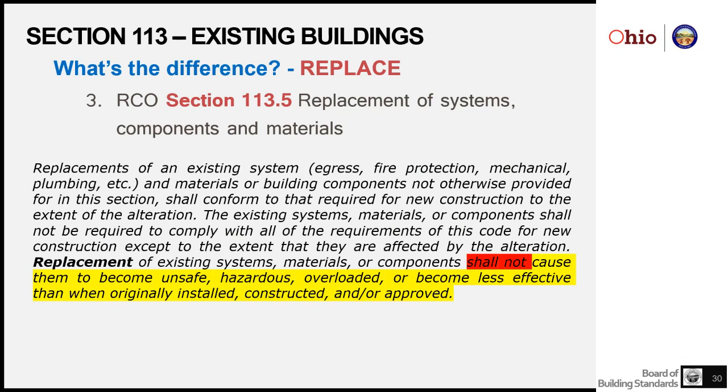You're not going to be able to exhaust that furnace out through that chimney because the flue gases aren't hot enough and it's going to deteriorate the chimney. So you do have to find a different flue location for that high efficiency furnace, because that would make that condition more hazardous than originally approved.